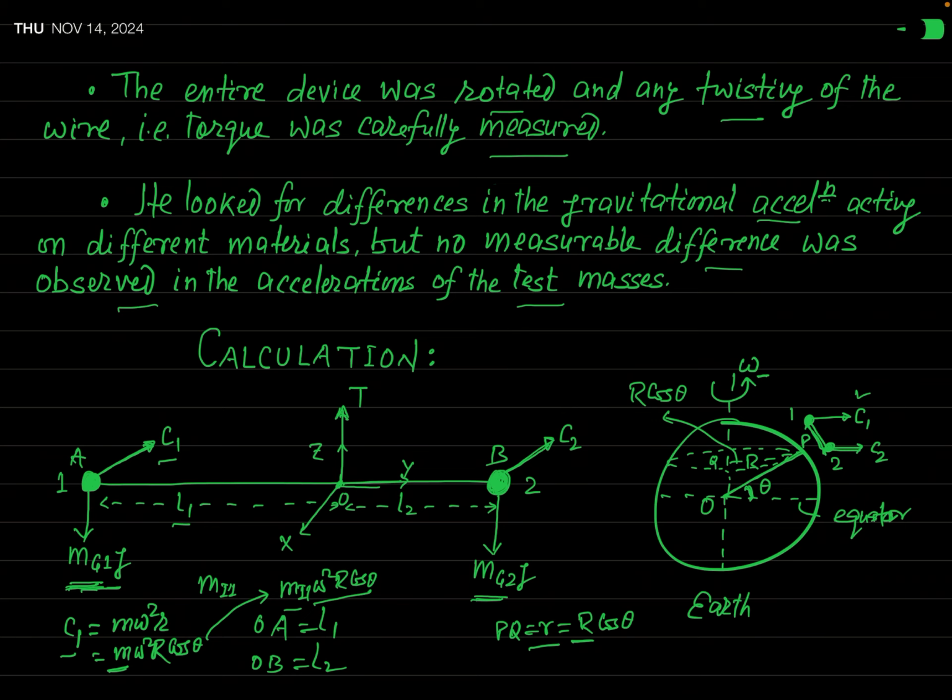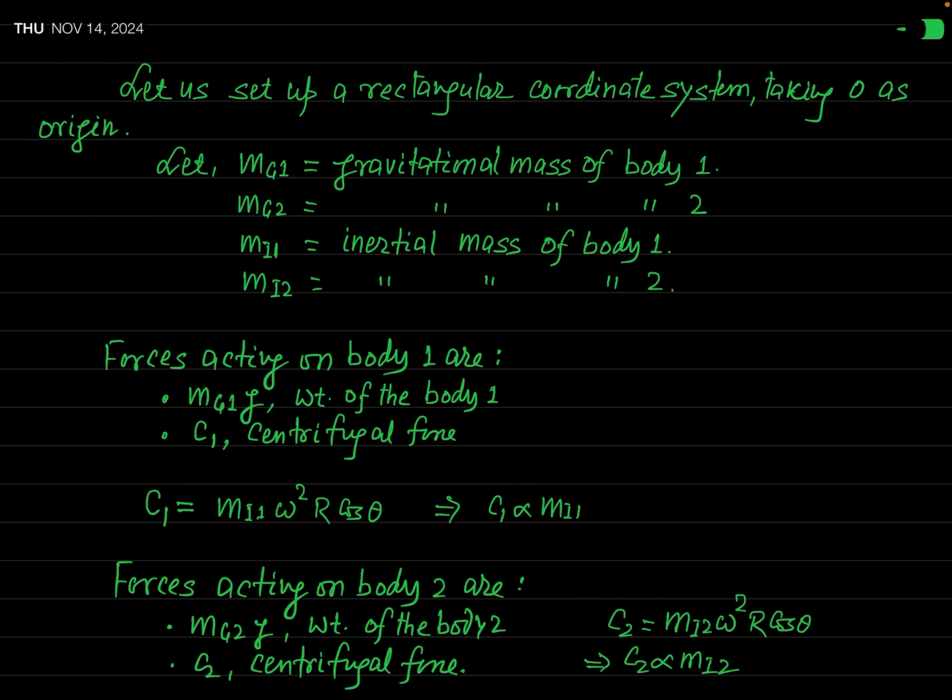So if you take the moment of the forces acting on the body along the x-axis, the total moment of force, or the total torque, acting on this system must be equal to 0 if it is in rotational equilibrium. Let us now see this calculation I have made here.